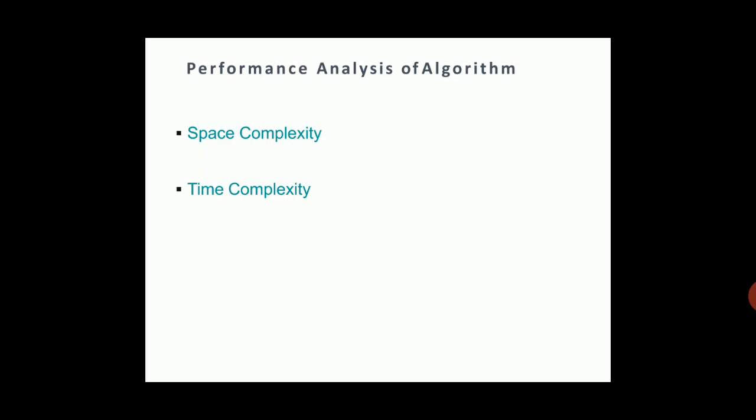How do we do performance analysis of an algorithm? Performance is tackled by two points: one is space complexity, and the second is time complexity. We will discuss what space complexity and time complexity are.